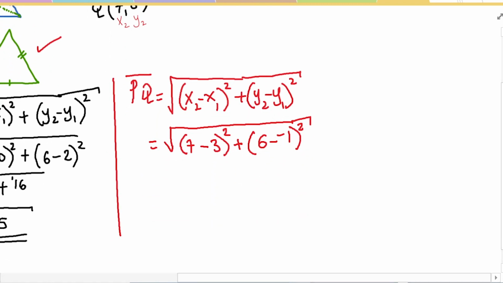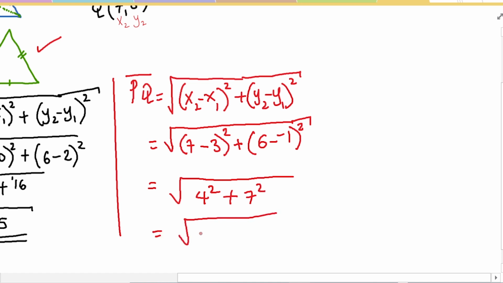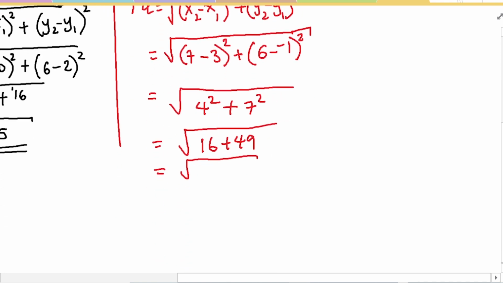So 7 minus 3 is 4, giving us 4 squared plus 7 squared. That's the square root of 16 plus 49. When I add 16 plus 49, I end up with 65. And this is PQ.